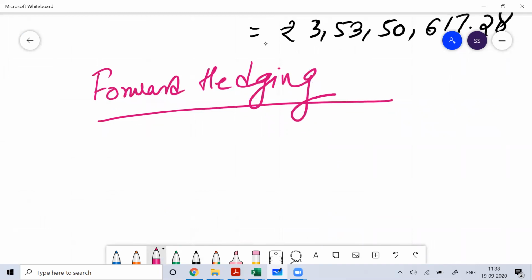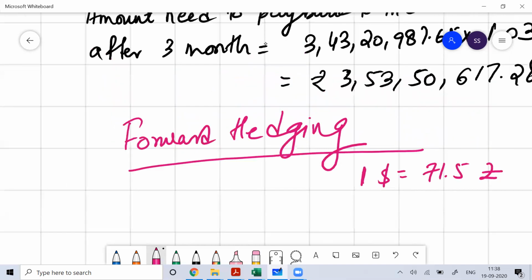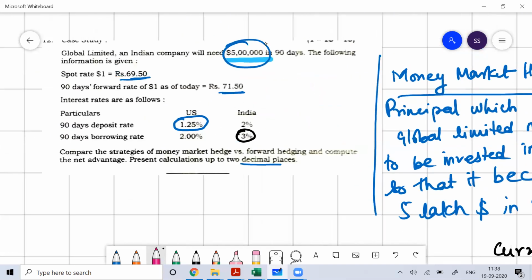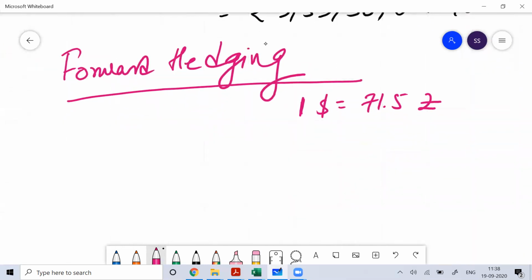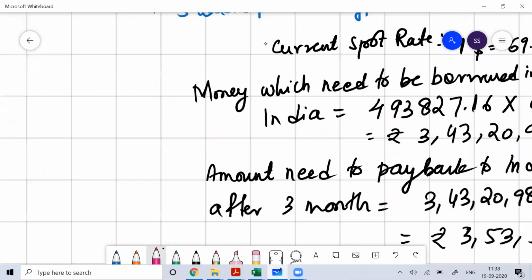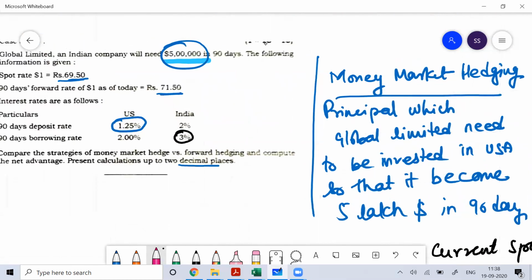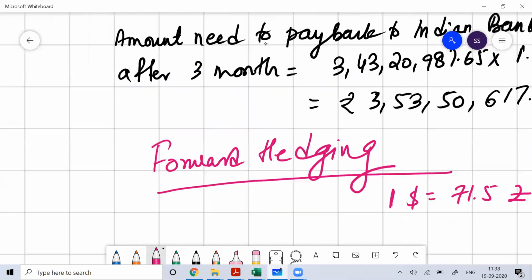So in forward hedging, $1 is equal to 71.5 rupees. Okay, so what is the total commitment? 5 lakh dollar. Total commitment is 5 lakh dollar.